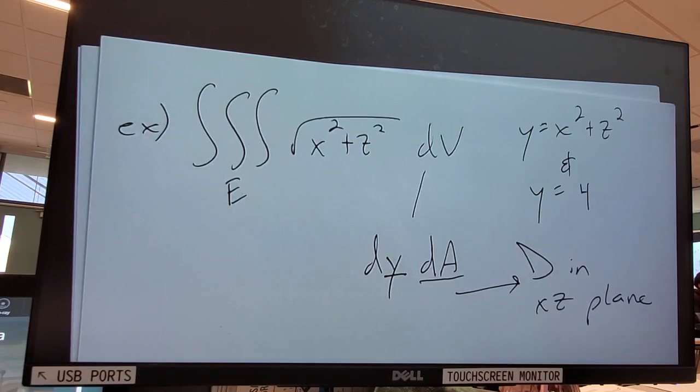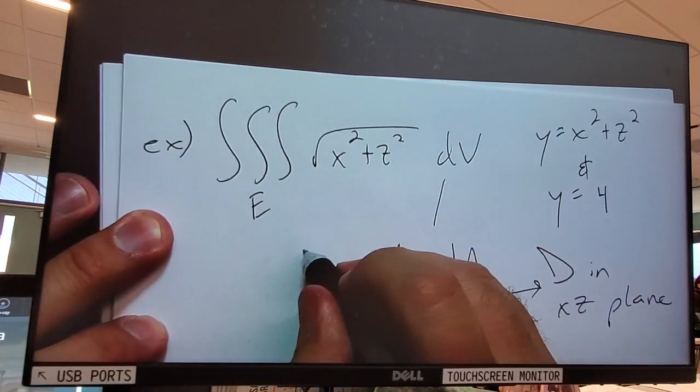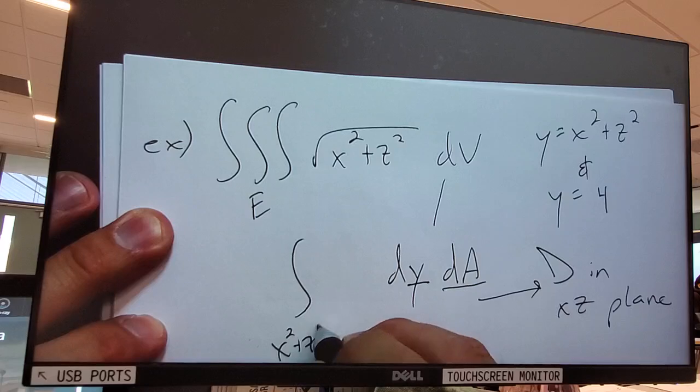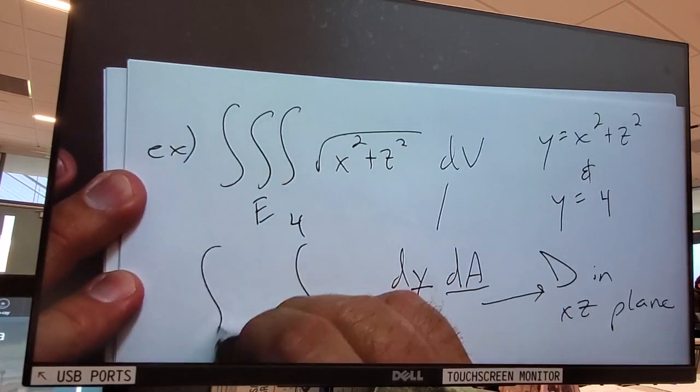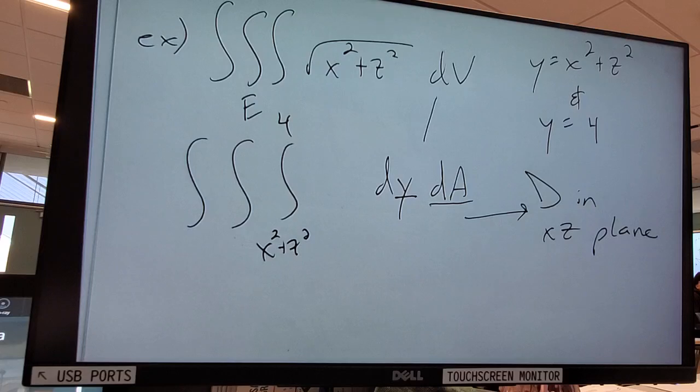With me? So I'm scanning the region. It's going to go from x squared plus z squared up to 4. I need you to see how this is kind of nice.